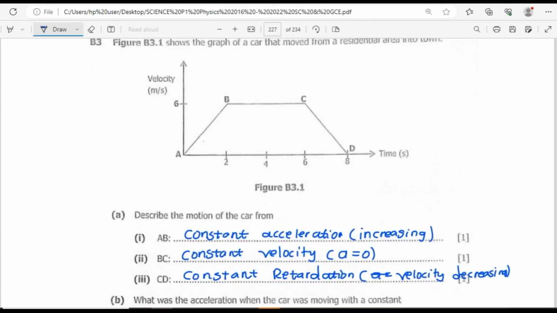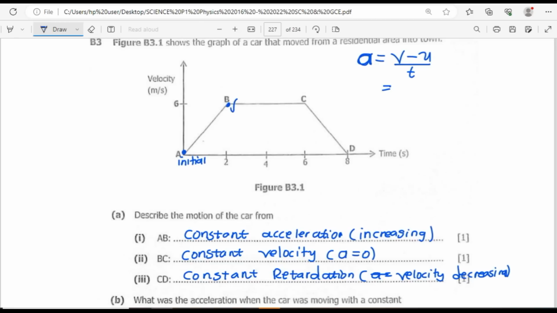Then what else can we be asked from here? We can also be asked to do some calculations, like find the acceleration in the first 2 seconds. So acceleration is equal to final velocity minus initial velocity over time taken. If we want to find the acceleration between AB, A is our starting point, so this is our initial.